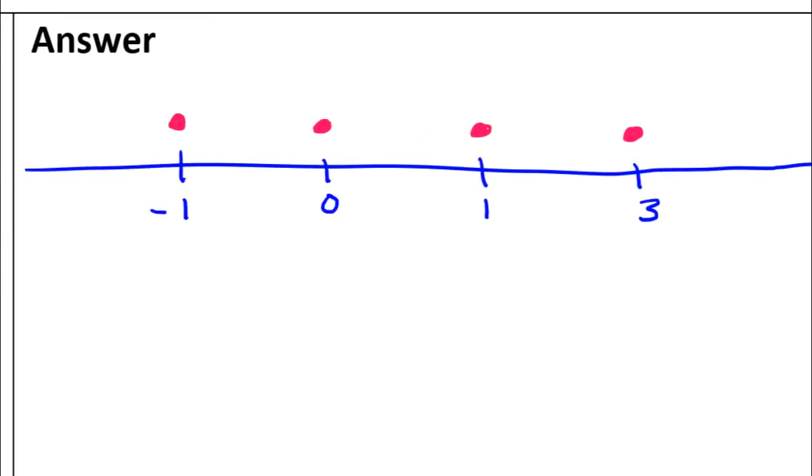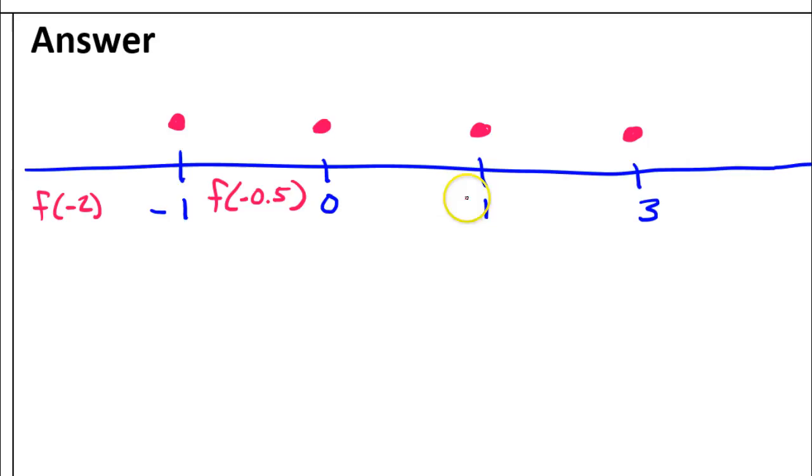Okay, anyway, we need test values, 1 in each zone. So something to the left of negative 1, I will try the value of the function at, say, negative 2. Now, between negative 1 and 0, we're going to need a decimal. For example, let's check the value of the function at negative 0.5.